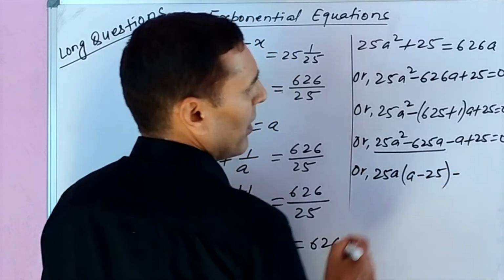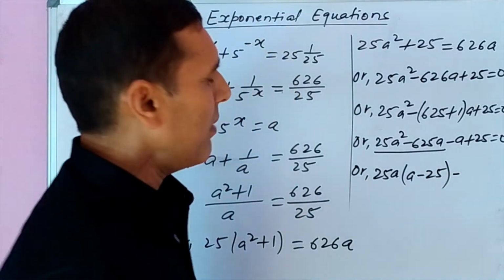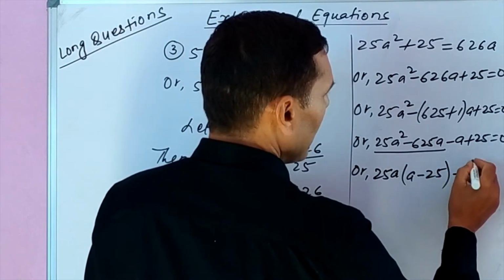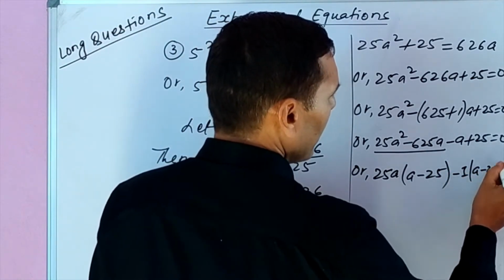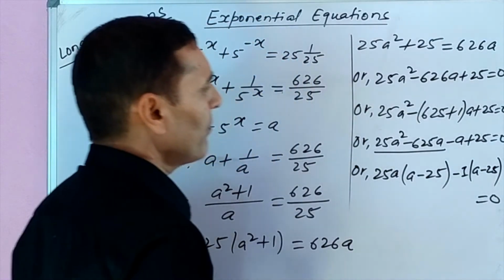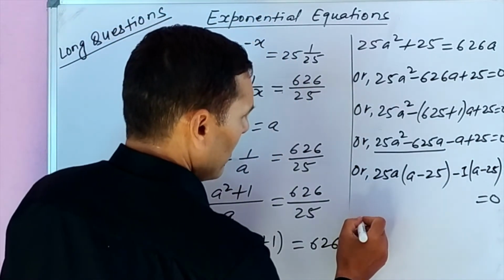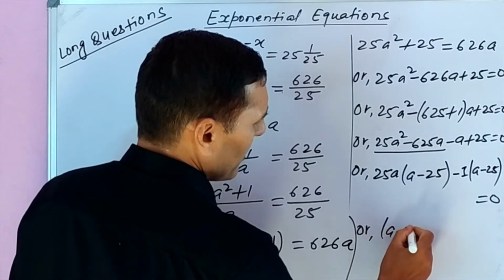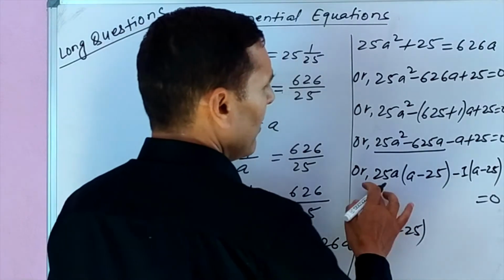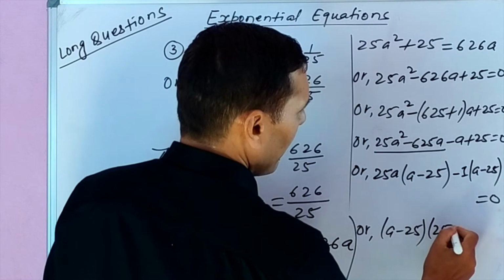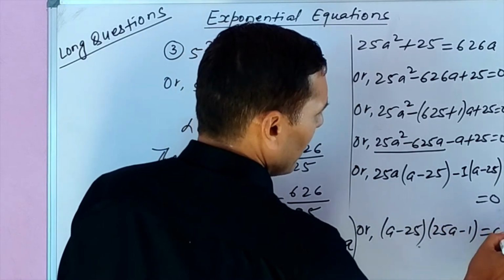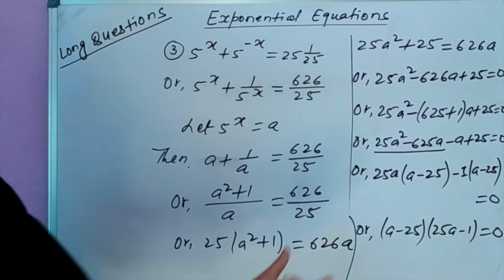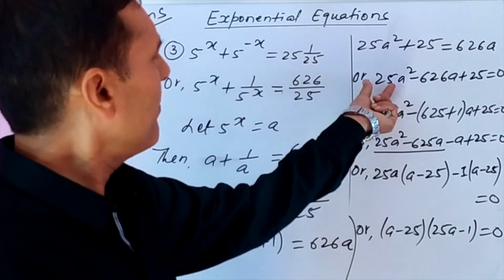And in the last two terms, we can take minus 1 common, so that we will get a minus 25 in the bracket is equal to 0. Now a minus 25 is the common factor, and what remains is 25a minus 1 is equal to 0.